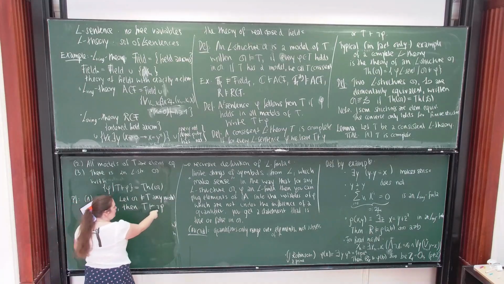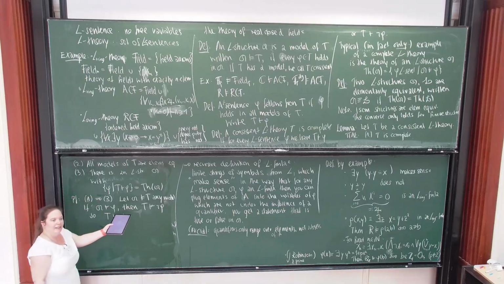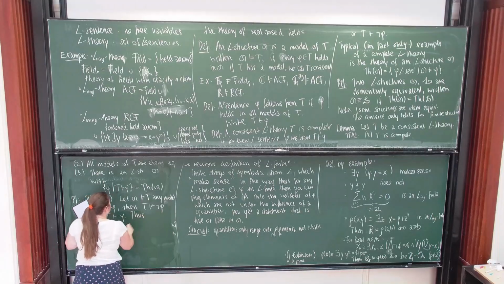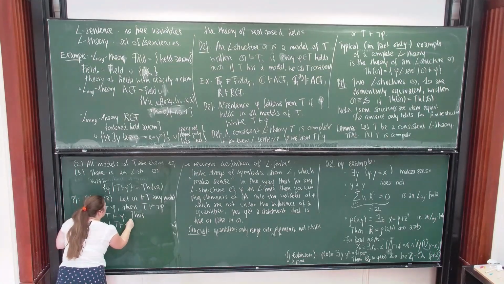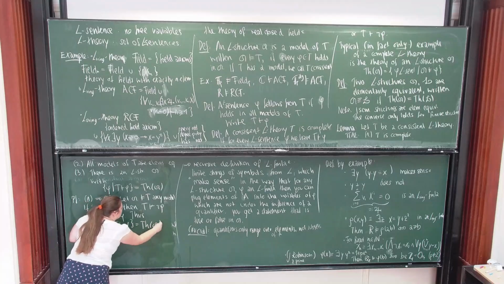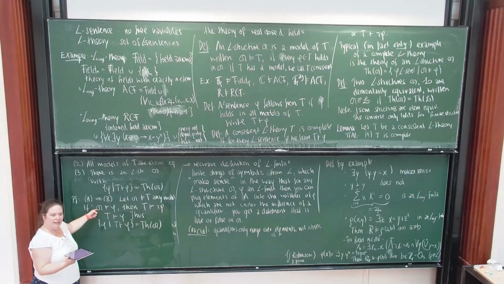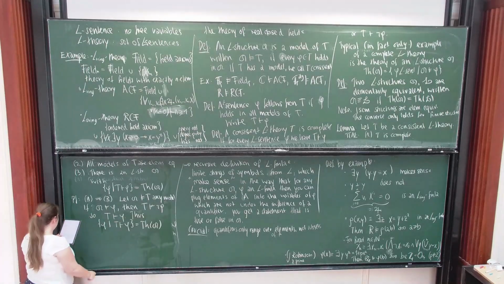Because T entailing not phi would mean not phi holds in all models of T. But now T is complete, so this means T entails phi, because it must entail every sentence or its negation. Thus, the set of phi such that T models phi is exactly the theory of A, exactly the set of sentences which are in the theory of A. You might think I've only proven one inclusion, but note that the other inclusion is just if A models not phi, and it's the same line of argument.